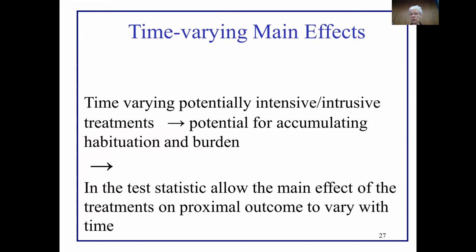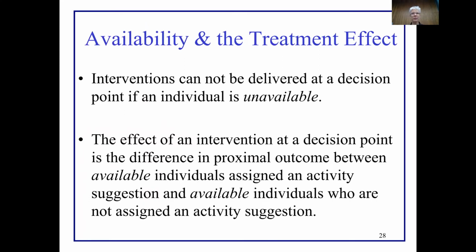When we were designing HeartSteps, I was very concerned about this burden issue. We were all very worried about the effect dissipating with time. Again, the availability issue came up. We knew that when people weren't available, we wouldn't be able to provide an intervention. So when we think about a main effect, at a particular decision point, we're talking about the effect among those people who are available.